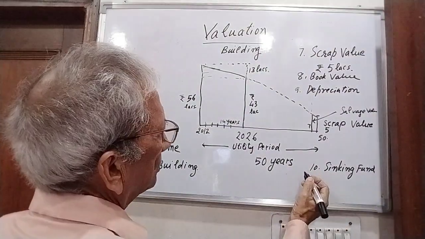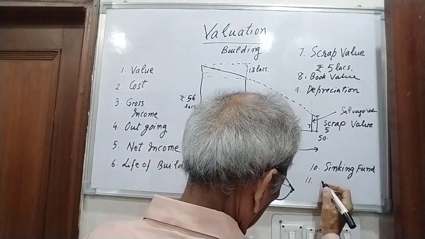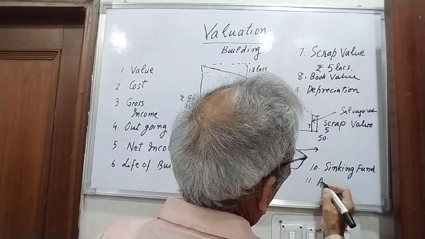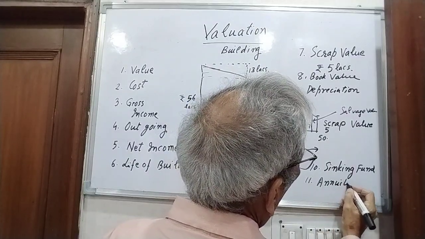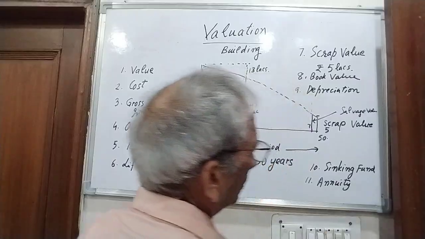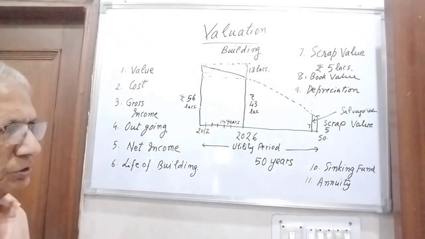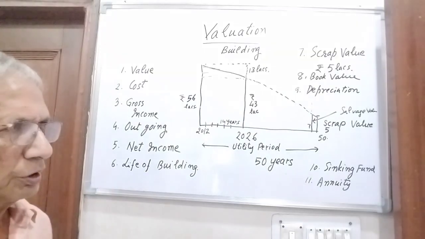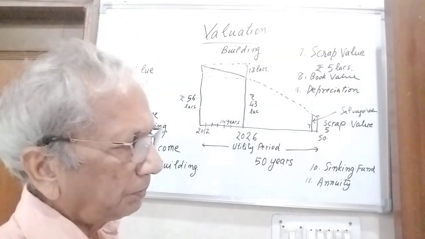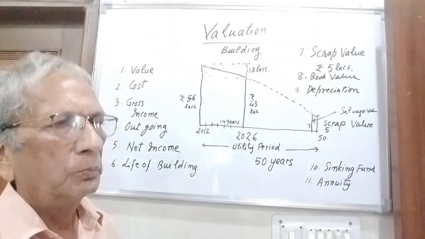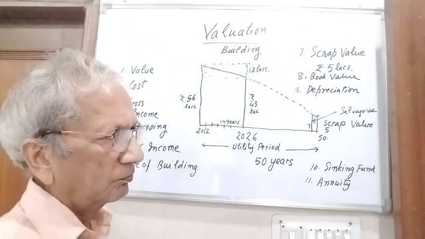Next term is annuity. Annuity is some amount which we subtract from the gross income for repayment of funds which we have taken at initial stage.